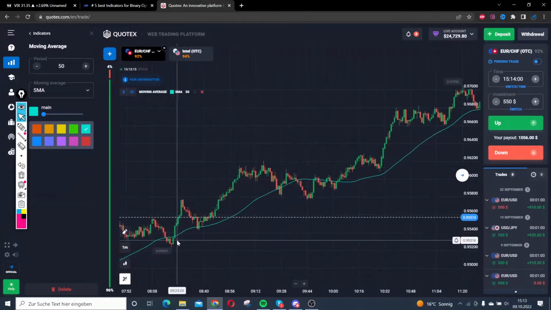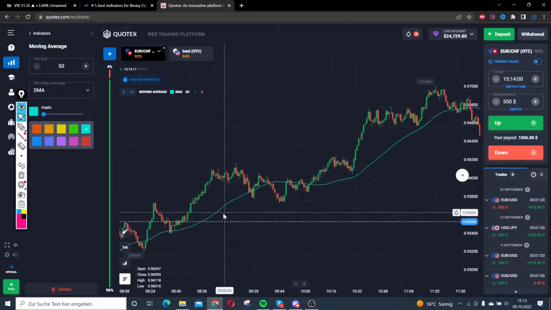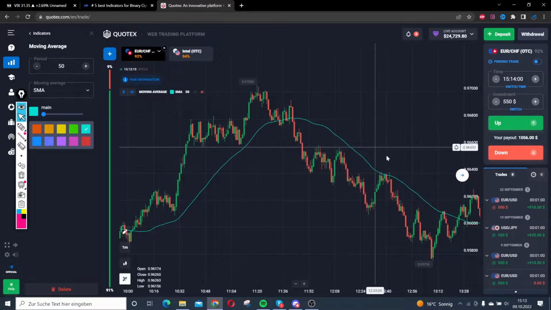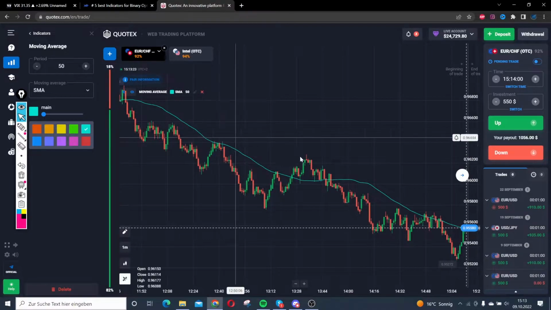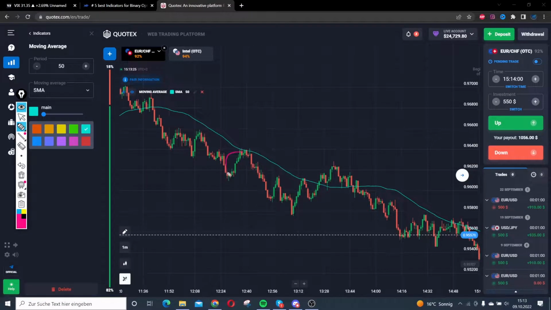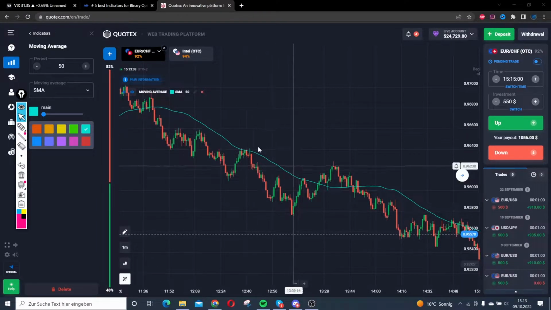I see here the calculated average price of the moving average, and we see that the trend is currently down if the price is below this line, because it's the average price of the last 50 candles. This was a short example, just an explanation of a trend indicator.